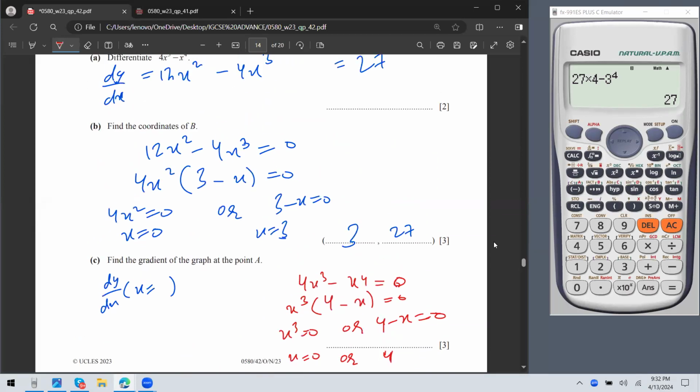The dy by dx function is 12x square minus 4x cube, with x equal to 4, minus 64. So your gradient is minus 64.